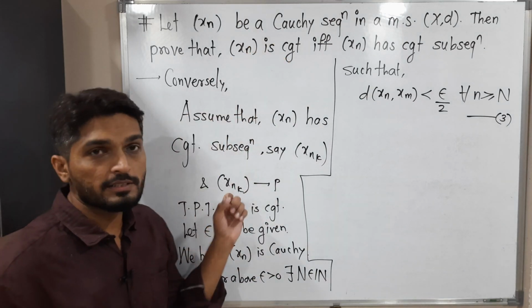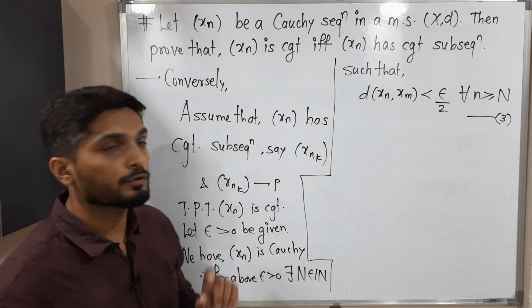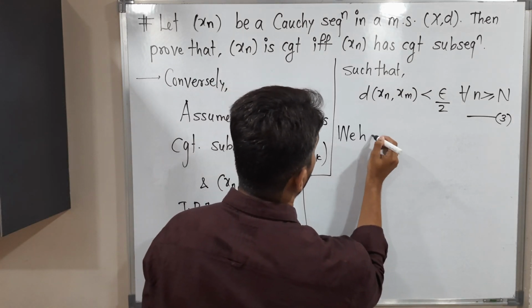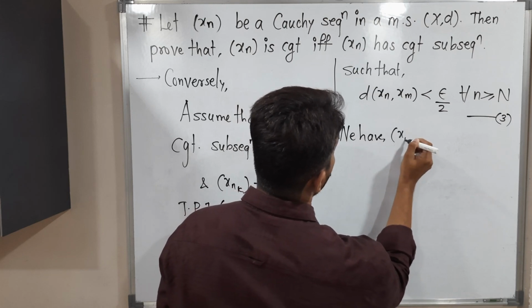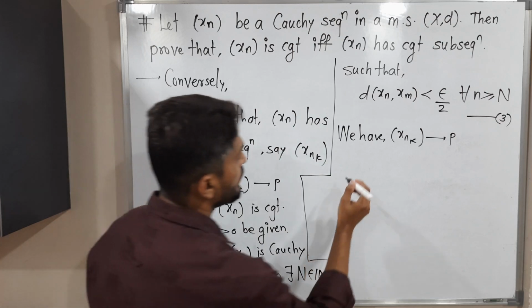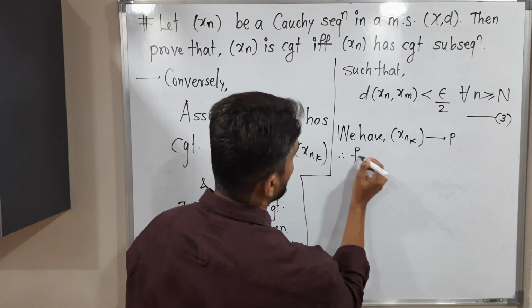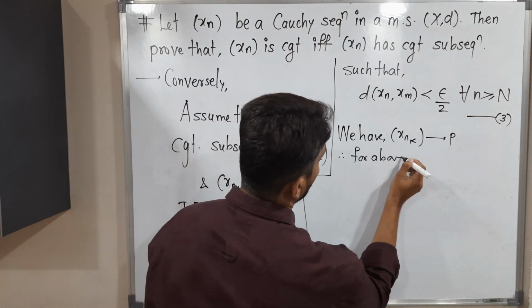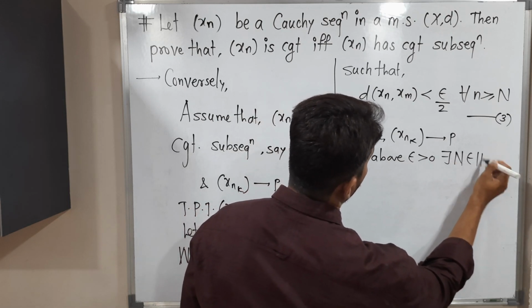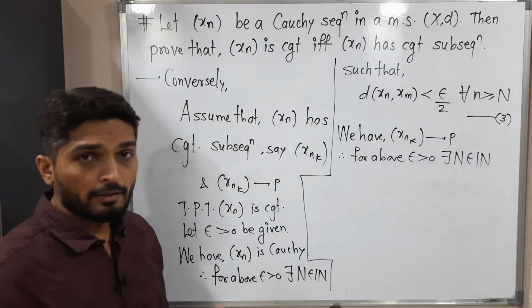Right now we have the second information also, that x_{n_k} converges to p. So, let me write, we have that x_{n_k} converges to p. This information I am going to use. Therefore, by definition, for the above epsilon greater than 0, there exists a natural number N. But natural number N we have already taken.